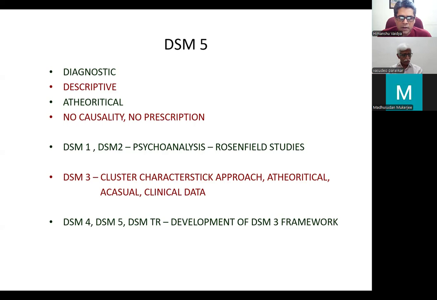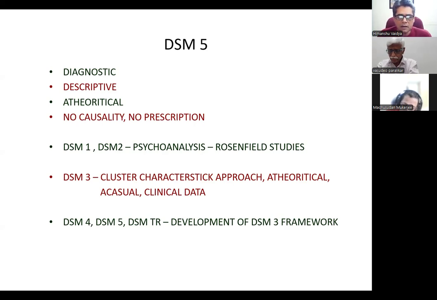And that study found that the interpretation of DSM was very subjective. And the same patient can be diagnosed very differently by two different psychiatrists using the same DSM-2. And that brought about a need for having an objective clinical data-based criteria to diagnose a disorder. And that is how DSM-3 came into being.